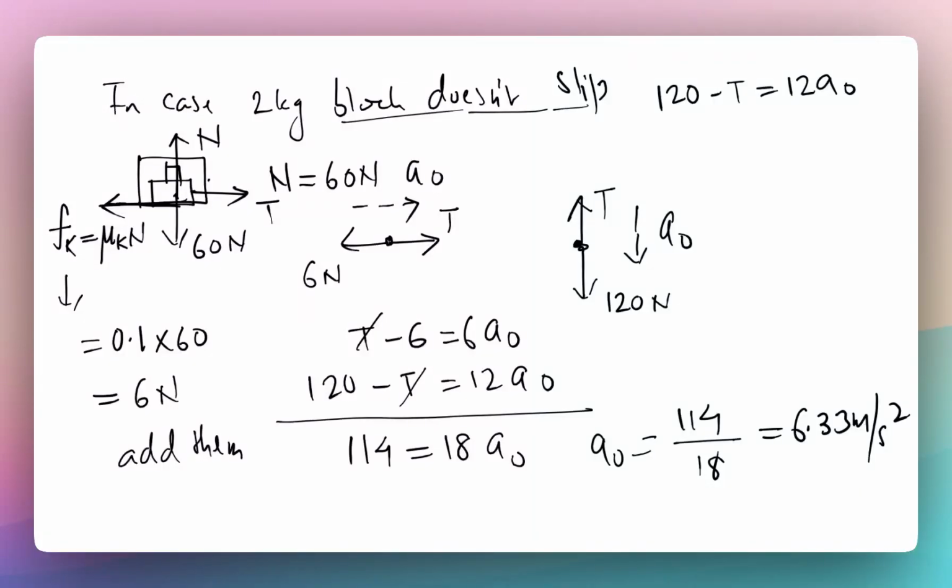Now, though we assume that it will not slip, we need to figure out why it will not slip. The only reason it will not slip is that there is a force which can pull it towards the right. So if you look at this 2 kg block, the first force is going to be downward, 20 newtons, 2 into 10.